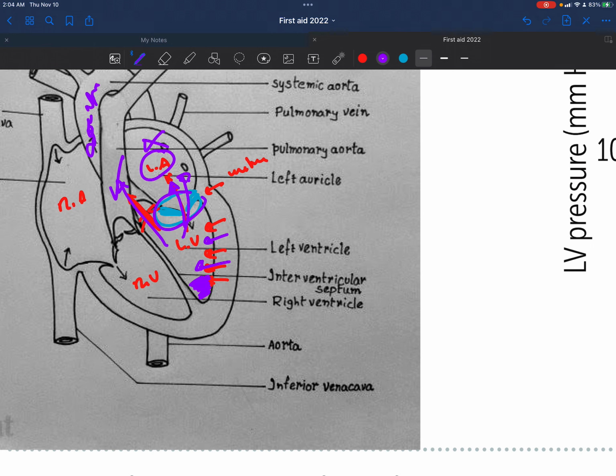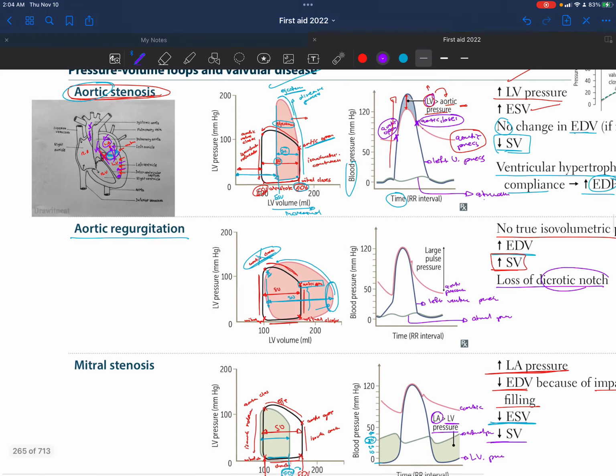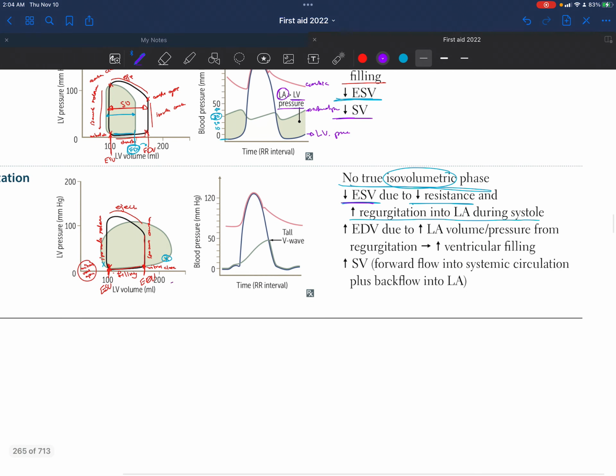So the left ventricle is basically ejecting all of its contents back into the left atrium and normally into the aorta. So now we have less blood staying in the left ventricle, and we know this blood staying in the left ventricle is the end systolic volume, so now we have it decreased.